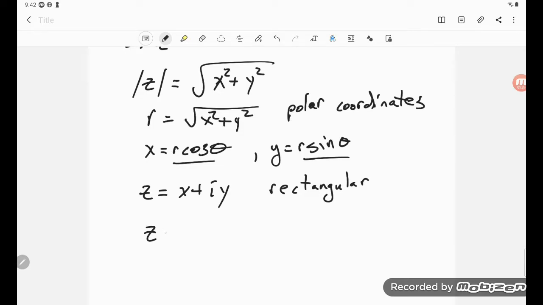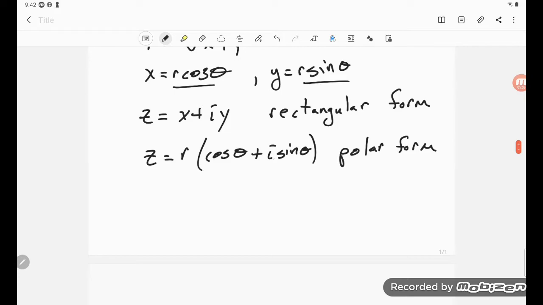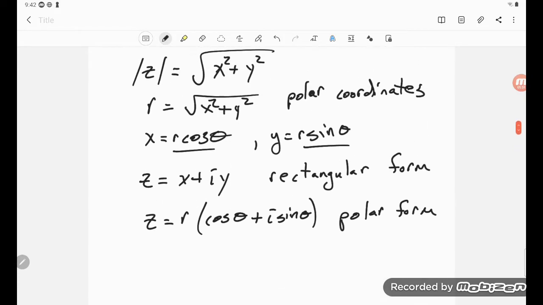So we can say z equals, now I'm going to factor out the r, so write that as r times cosine theta plus i sine theta, and this is a polar form.